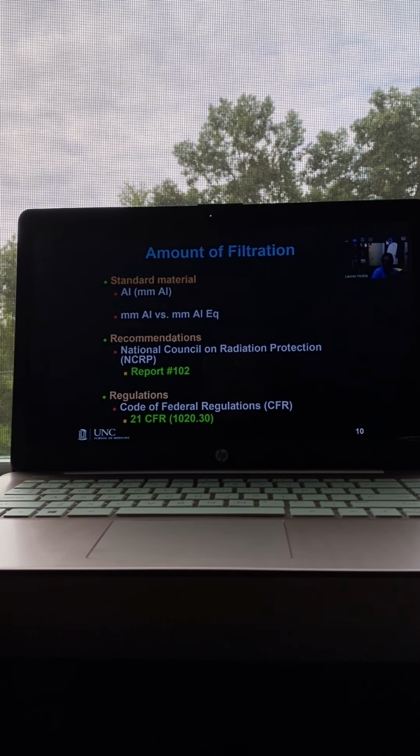So we're going to look at recommendations, which is from the NCRP, and we're going to look at regulations, which is the CFR. And just so you know, it happens to come from something that's called report number 102.